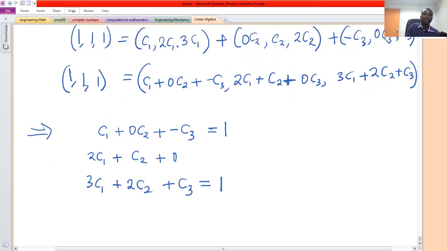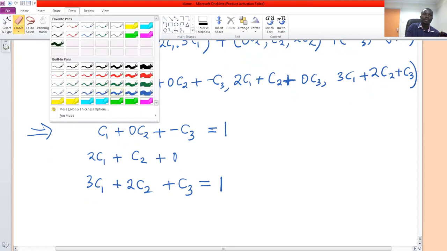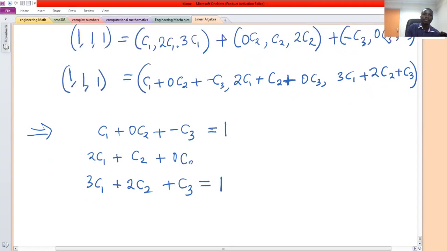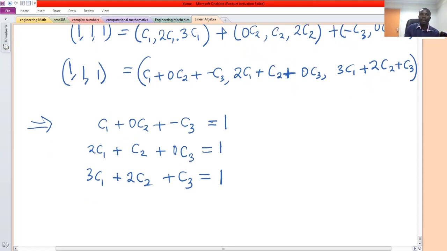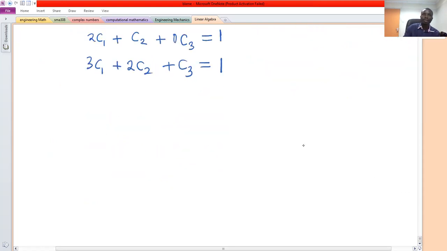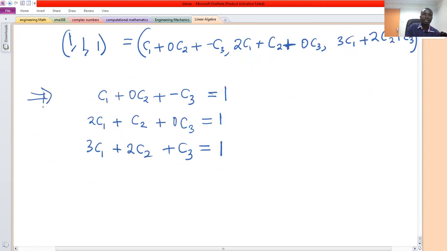So what we do now, we solve this system of linear equations to find the values of C1, C2, and C3. Let's call this one system star.